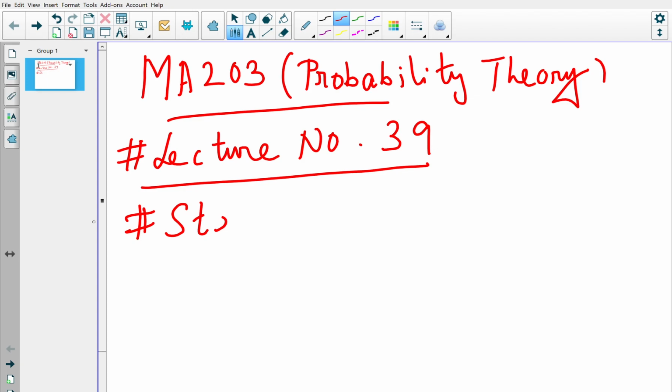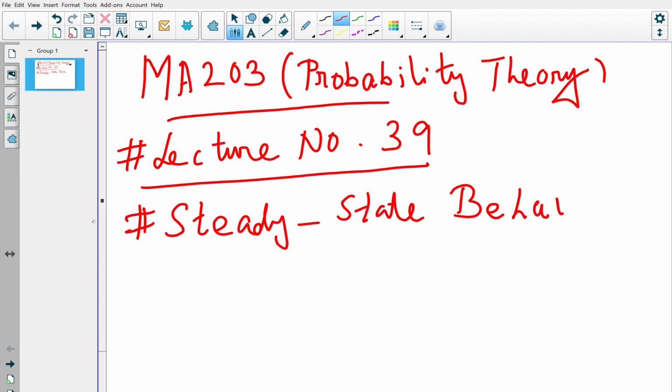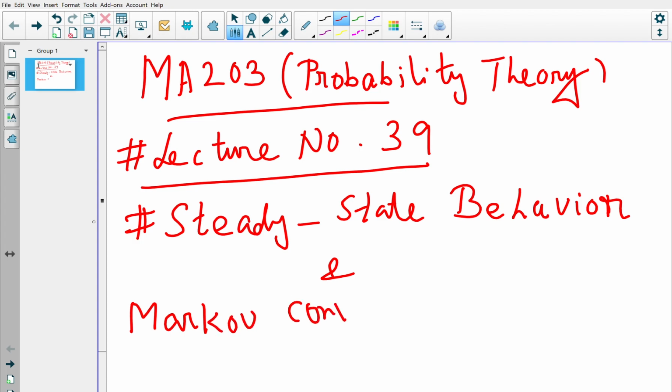So today's topic is steady state behavior and the Markov convergence theorem.